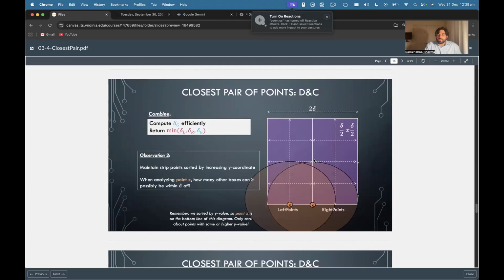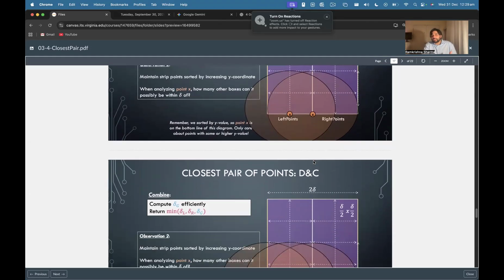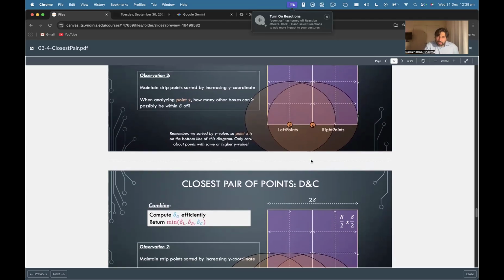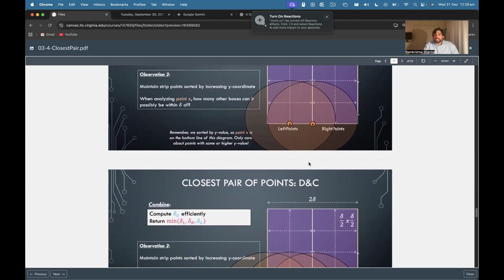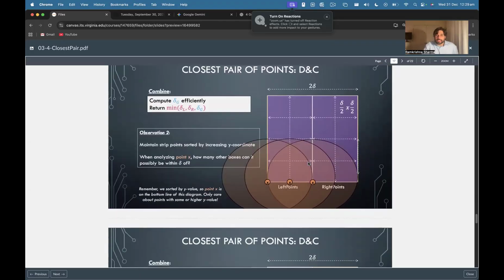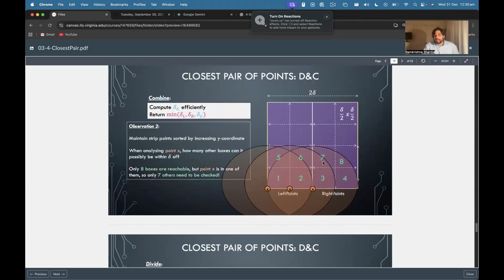So that helps, and that essentially lets us do this idea. Again, like I said before, if you're on this one, you only have to check 7 above you. If you're on this one, you only have to check 7 above you. So if you're on one, you check 7.